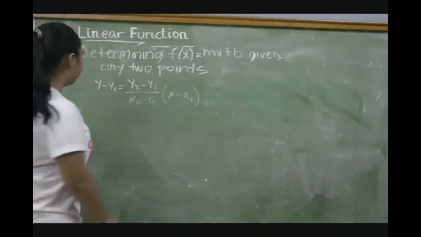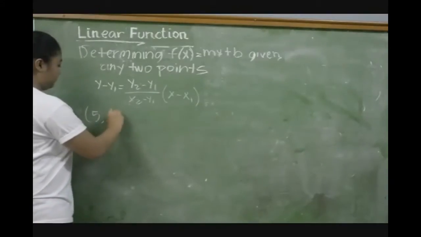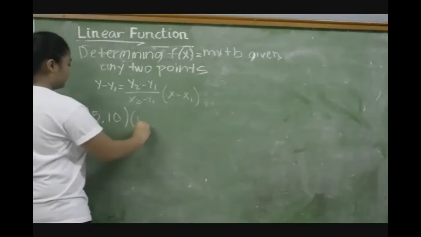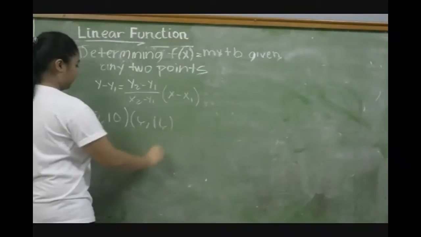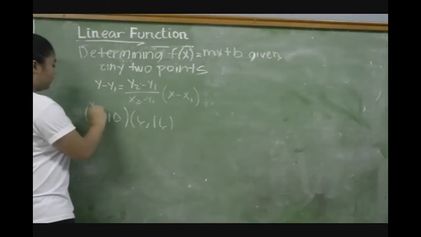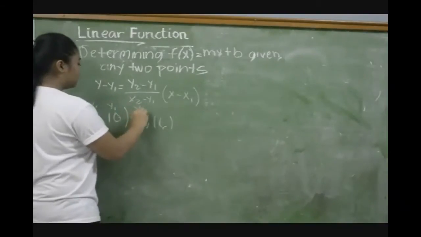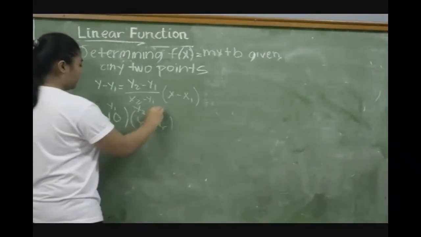Here's an example of this. 5, 10, and 6, 16. 5 is x sub 1, then 10 is y sub 1. 6 is x sub 2, then 16 is y sub 2.